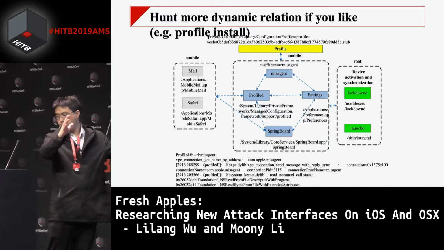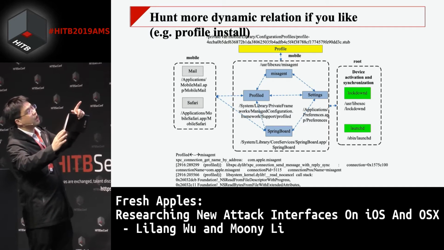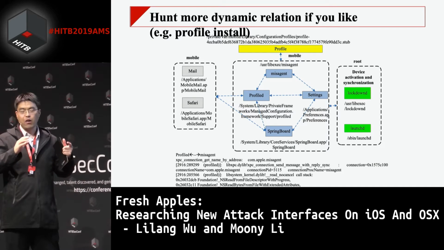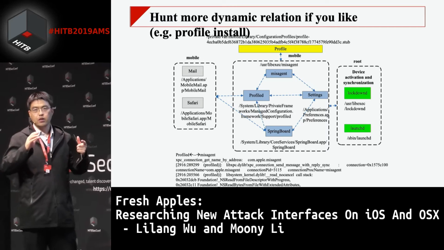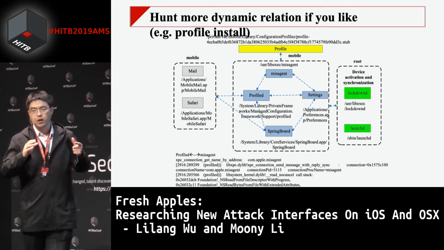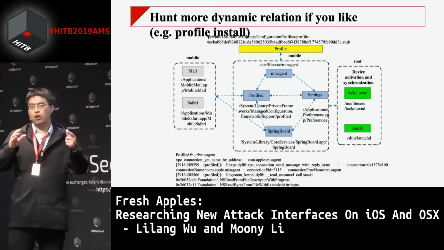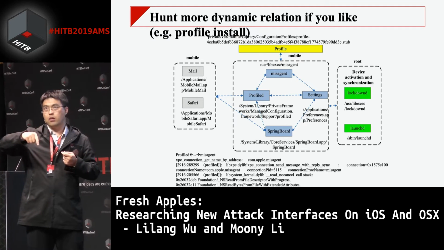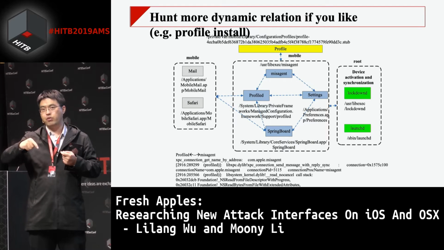this is the whole picture we have got from the iOS runtime environment using the Frida hook. This is a typical scenario when you install an iOS profile from a web browser, for example Safari.